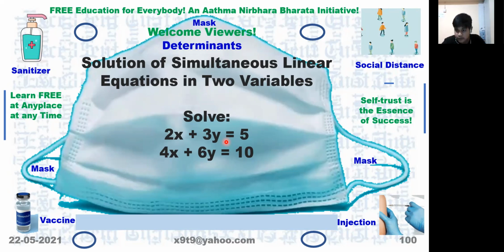We'll get 10, sir. No. See, 2x plus 3y is equal to 5. That equation you multiply by 2, complete equation. Means you have to multiply the left hand side also by 2 and the right hand side also by 2.